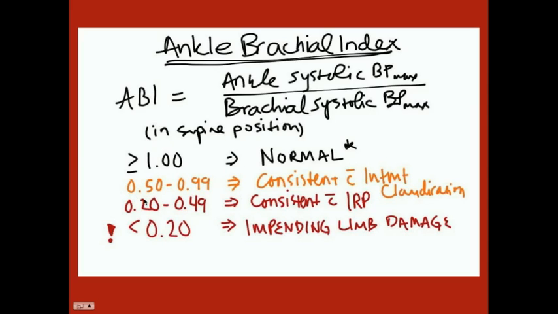An ABI of 0.5 to 0.99 would be consistent with intermittent claudication. An ABI of 0.2 to 0.49 would be consistent with ischemic rest pain. And then an ABI of less than 0.2 is significant for impending limb damage. This is a severe emergency situation if it's this low.